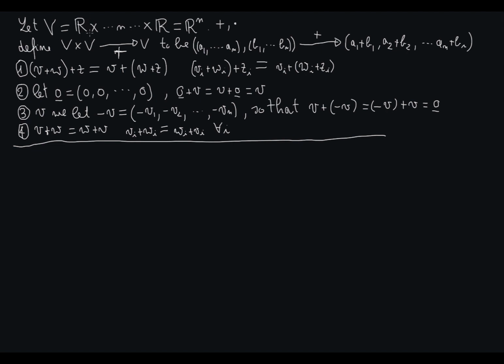Therefore, what we are interested in now is defining a function that will go from R cross V to V. We will call this dot, maybe with the V on top to distinguish it from the product inside R, which will appear in the properties we will have to check.